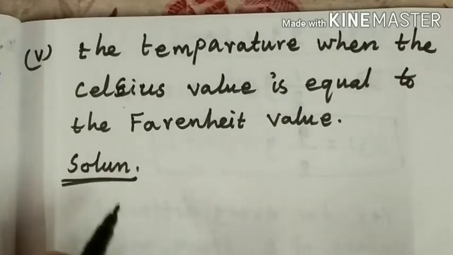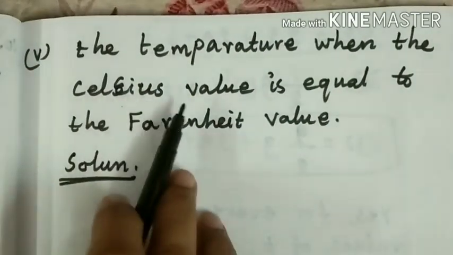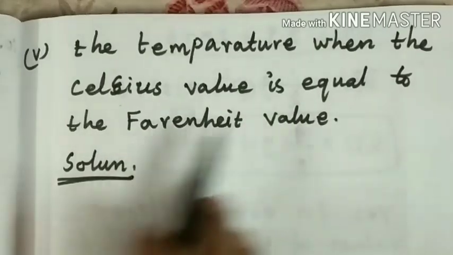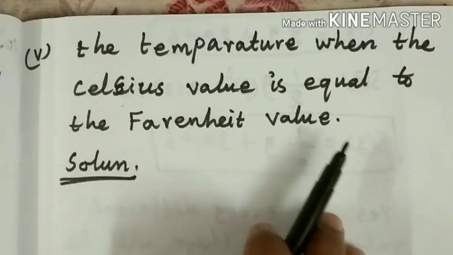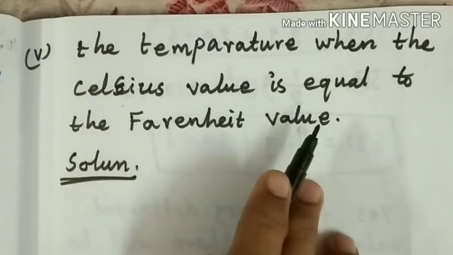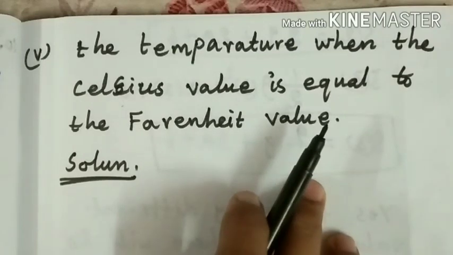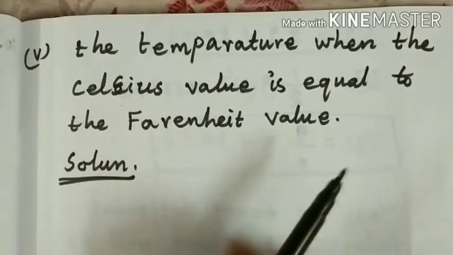See the last subdivision, the temperature when the Celsius value is equal to the Fahrenheit value. In this question, we have to find the temperature which is equal in Celsius and Fahrenheit.